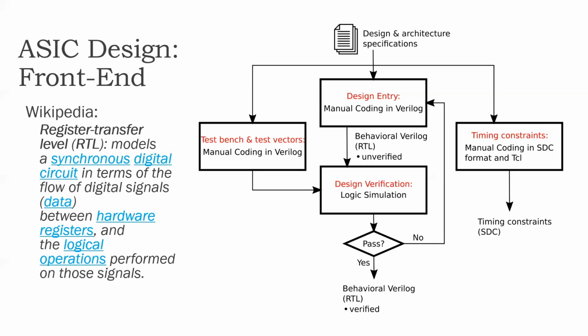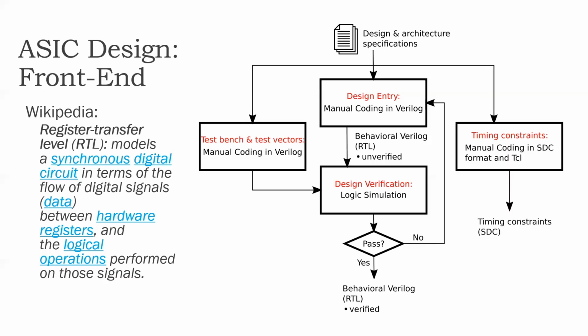And therefore, the behavioral code in Verilog is also done in a manner that is cognizant of this underlying architecture of an ASIC. So the way the behavior is coded is in terms of transfer of data from registers to registers.